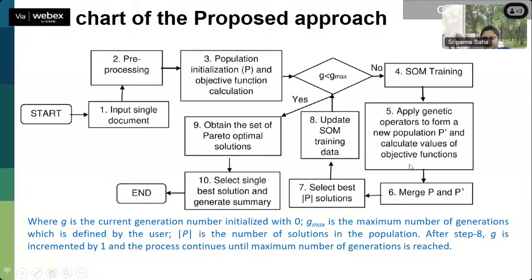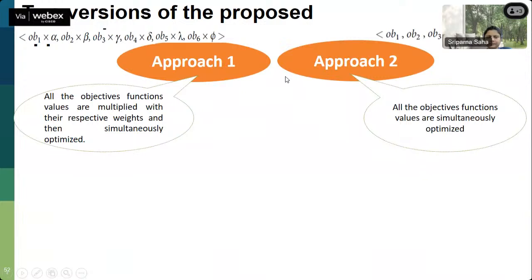We are applying the proper operators. The operators will also change because now it is a binary chromosome. And then the selection operation is very similar to the non-dominated sorting operation of NSGA-II. And finally, we will select the best P solutions. And this loop will continue till the maximum number of generations.